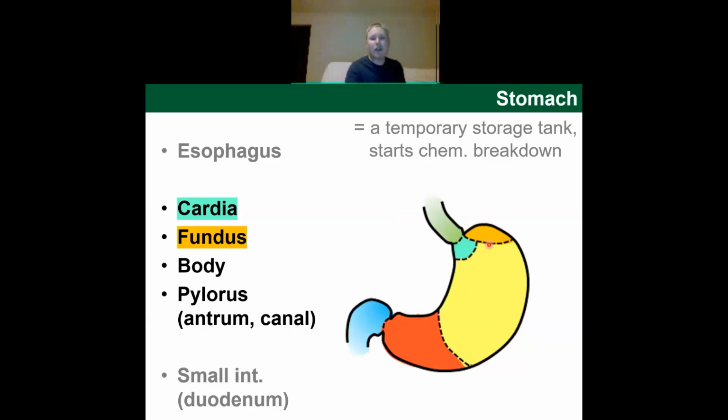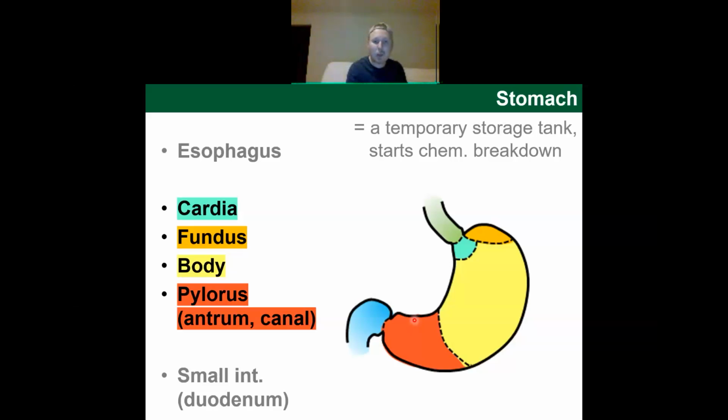And the majority of the stomach is the body of the stomach. And right at the distal end of the stomach, we have an area called pylorus. This can be divided into pyloric antrum, more proximally, and more distally as pyloric canal. But as long as you know that it's pylorus, I'll be happy with that. You don't need to know in more detail.